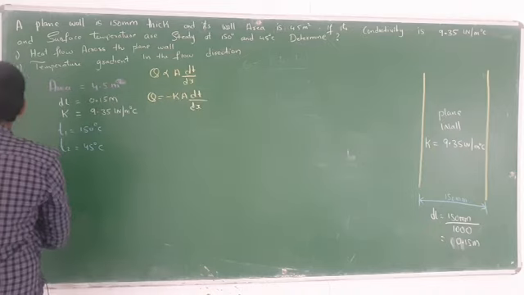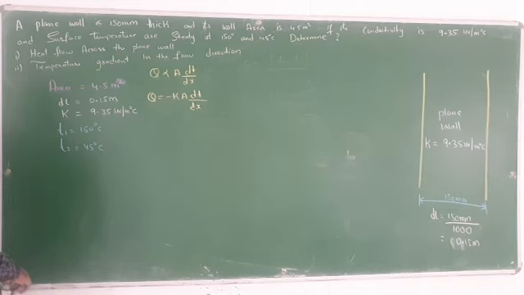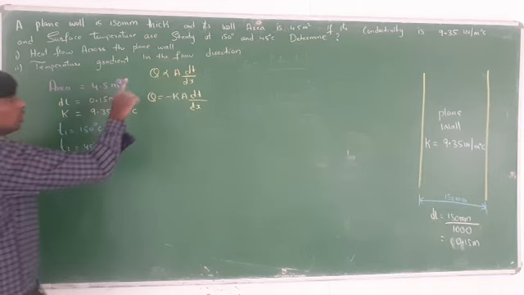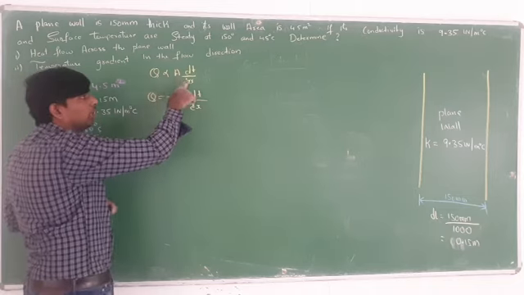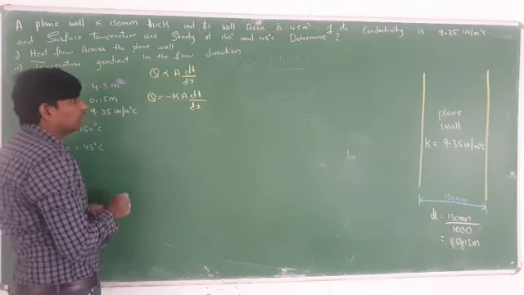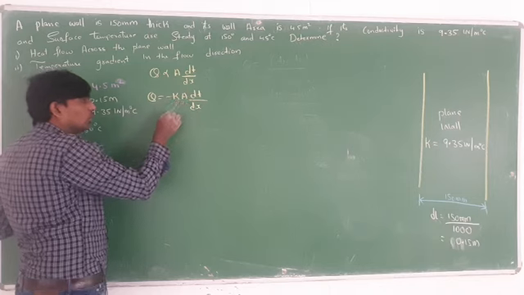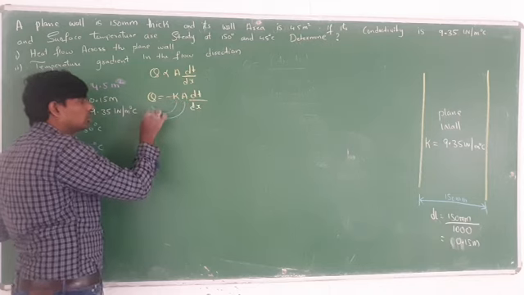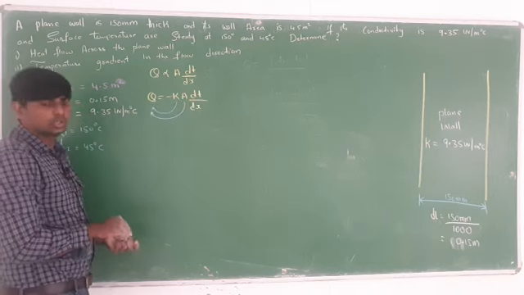Here you have to write down this equation again. Q is directly proportional to A dT by dx. This term you have to find out. For finding that term, you have to send these two terms to this side.